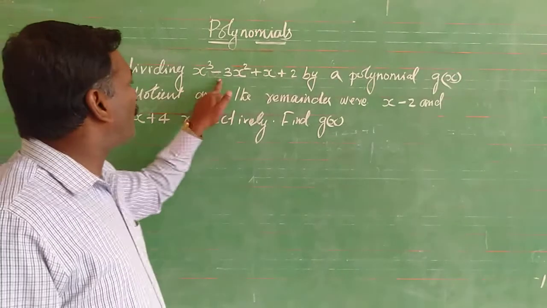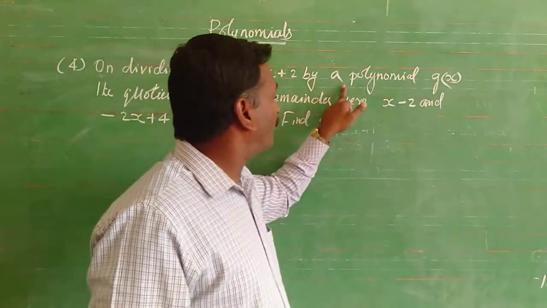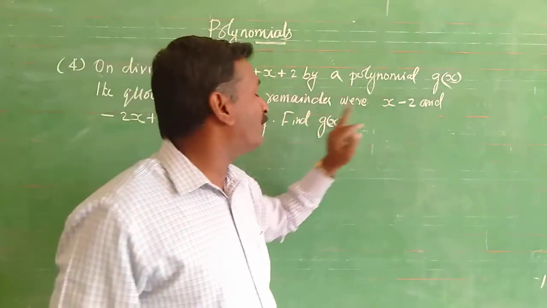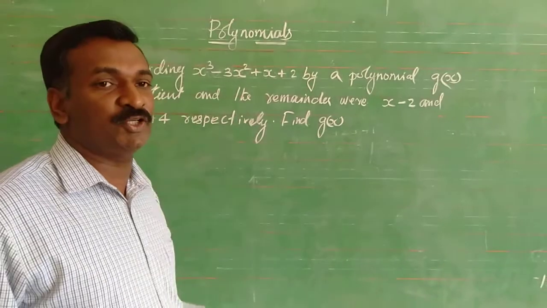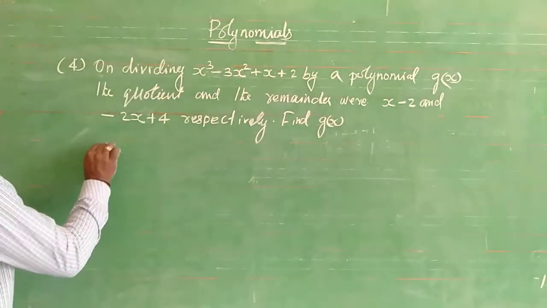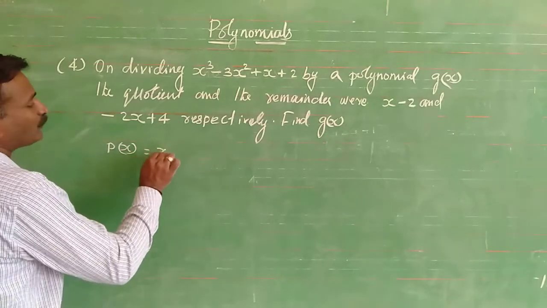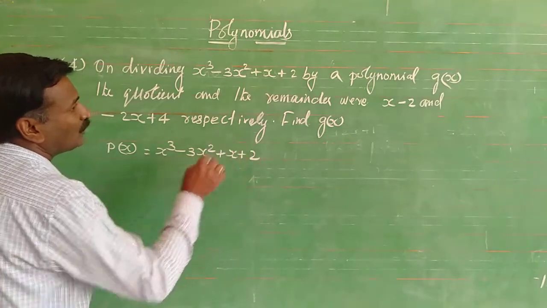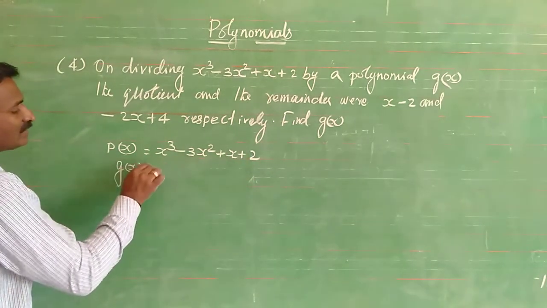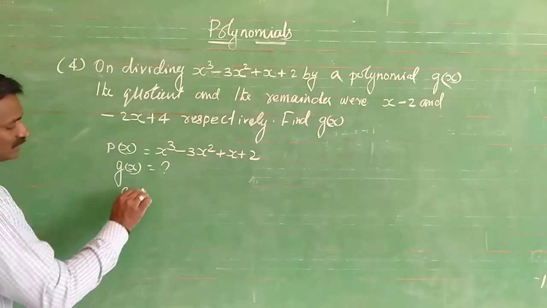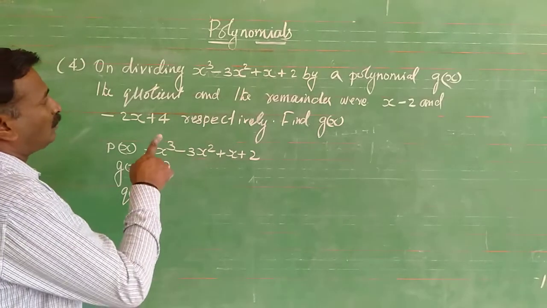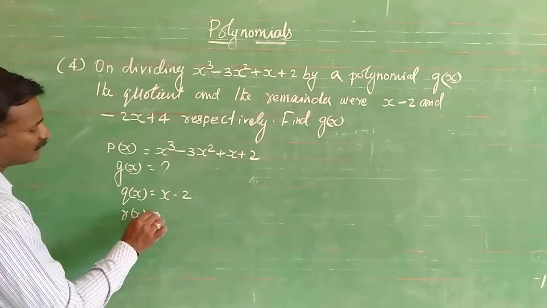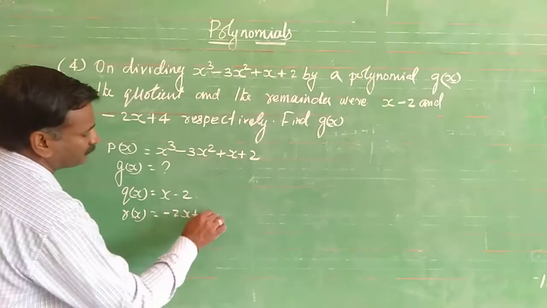On dividing x cube minus 3x square plus x plus 2 by a polynomial g of x, the quotient and the remainder were x minus 2 and minus 2x plus 4 respectively. Find g of x. Here p of x is a polynomial, that is x cube minus 3x square plus x plus 2, and g of x is the divisor that we want to find out. Q of x, the quotient, is x minus 2, and r of x, the remainder, is minus 2x plus 4.